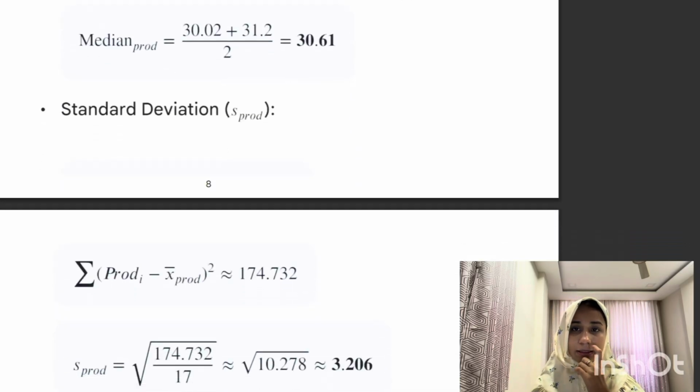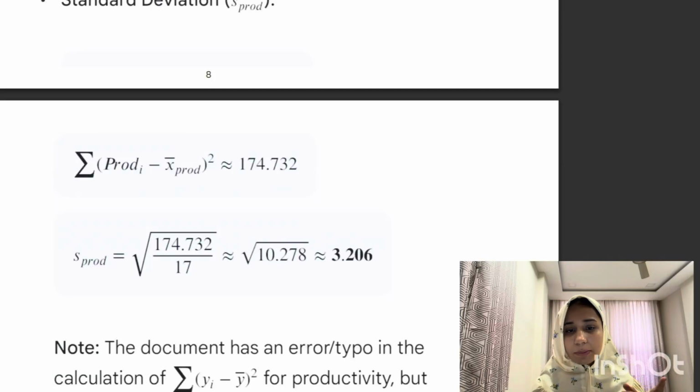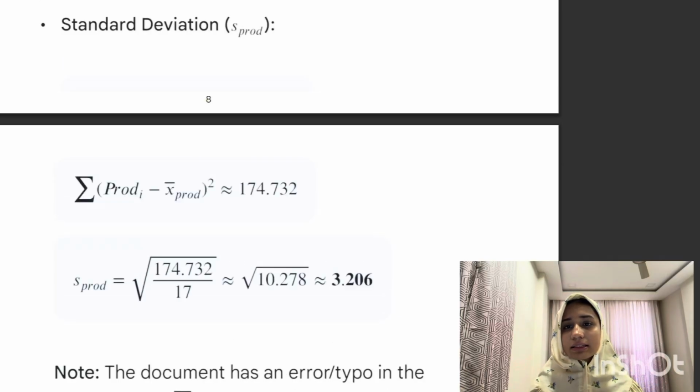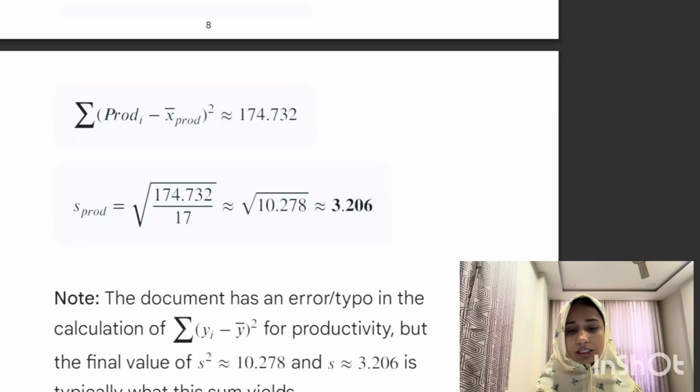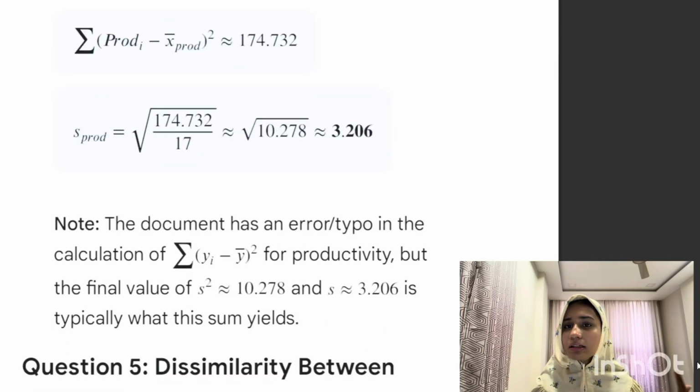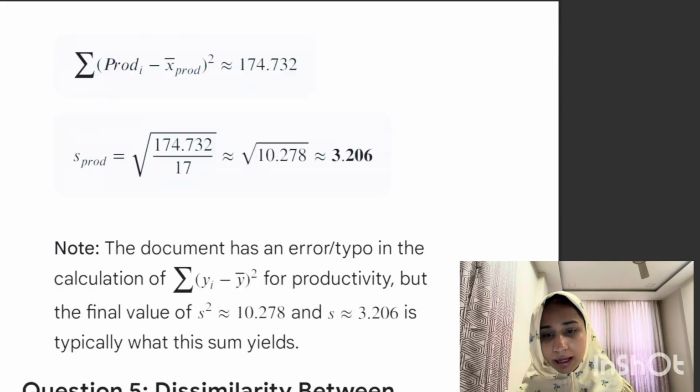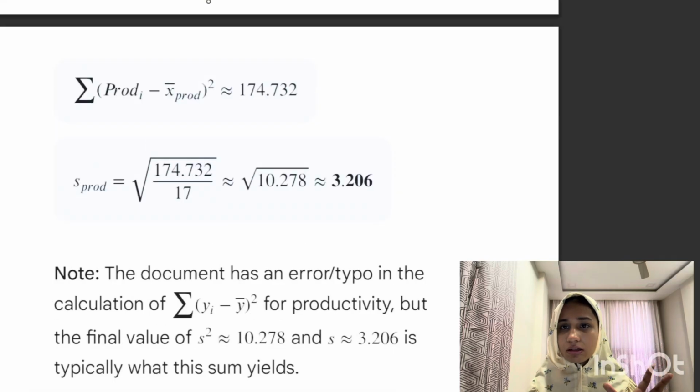Now standard deviation. We use the same formula which we used above. The summation of (productivity minus mean of productivity) square is approximately equal to 174.732, and the standard deviation is approximately 3.206, obtained by putting the values in the formula of standard deviation.